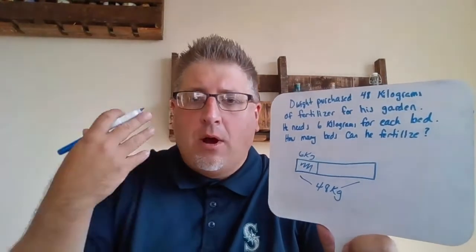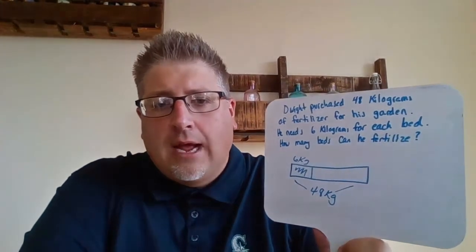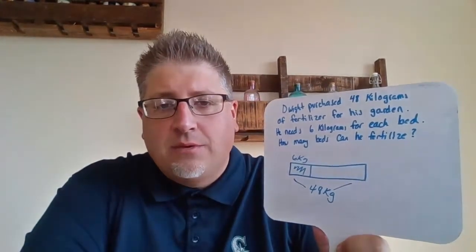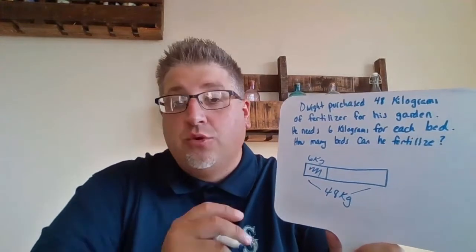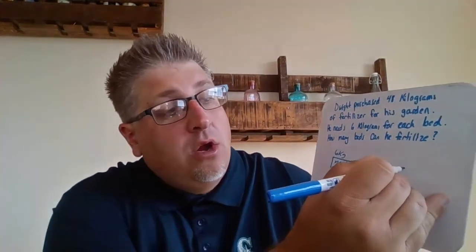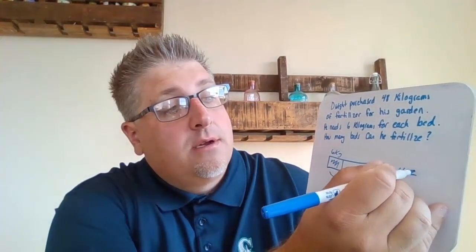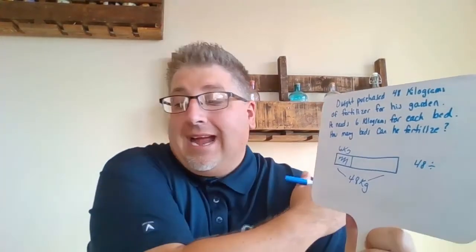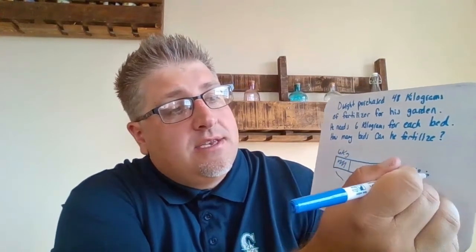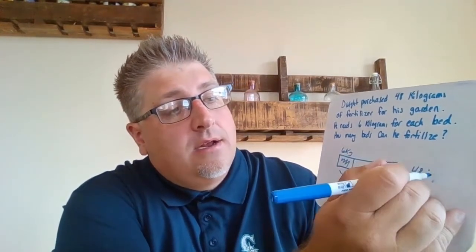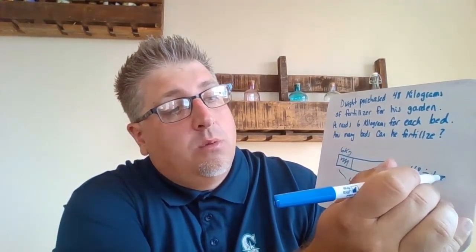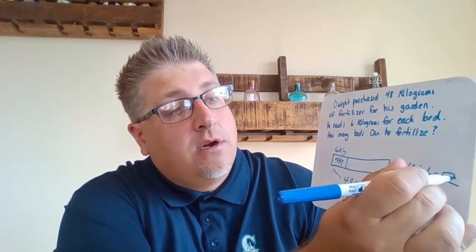I'm automatically thinking, I've kind of got the total there, and I know what is in each. So I'm thinking 2 different things here. First off, I'm thinking 48 kilograms divided by 6 kilograms in each bed will give us our answer.